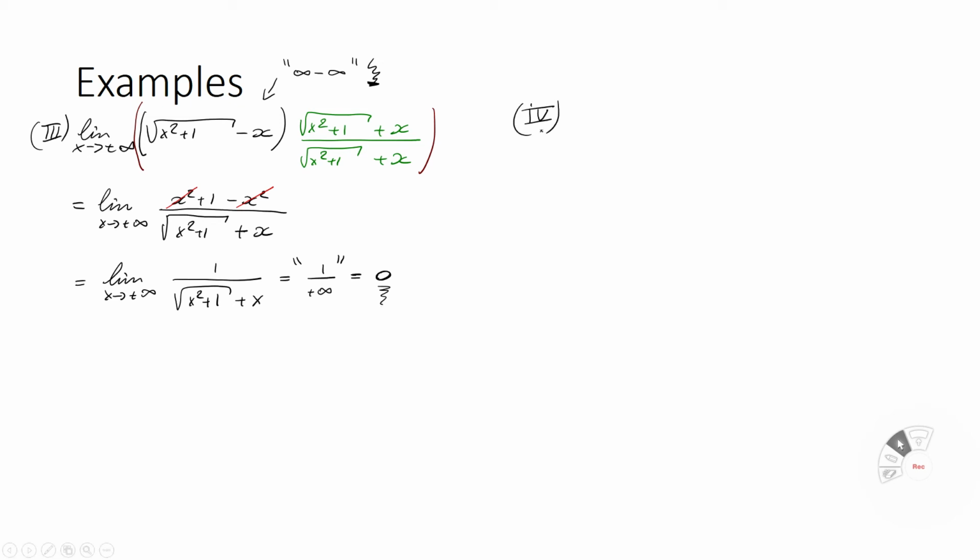For the fourth example, we'll take a look at the limit of e to the power 1 over x as x goes to 0 from the negative side. So here we have a limit of a function, and moreover we will see shortly that this is a continuous function. So we can write this as e to the limit x going to 0, 1 over x.